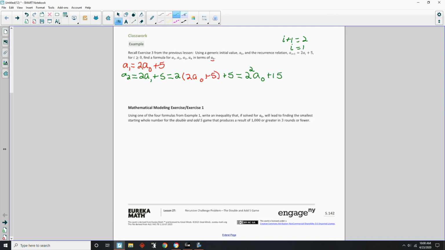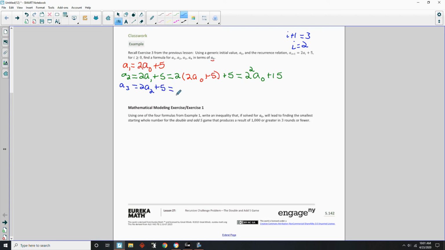Okay, now let's change colors to blue and do a sub 3. Let me erase this here. Now I want i plus 1 to equal 3. Therefore, i has to equal 2. So that's going to equal 2a sub 2 plus 5.